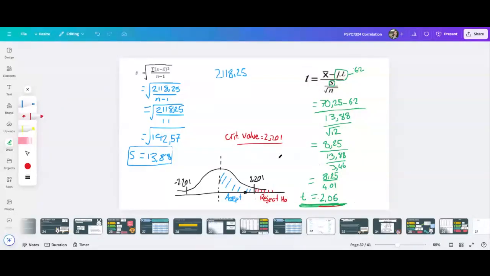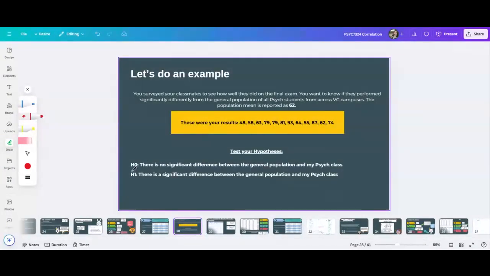Okay, so what that would mean, and just translating, so going back to the wording of the hypotheses, which was here. So we found out that we'd have to accept the null hypothesis, which means that there was no significant difference between the general population and my PSYC class. Everyone is average, apparently. Okay, obviously these are made up numbers, so it doesn't mean anything. It's just the example.